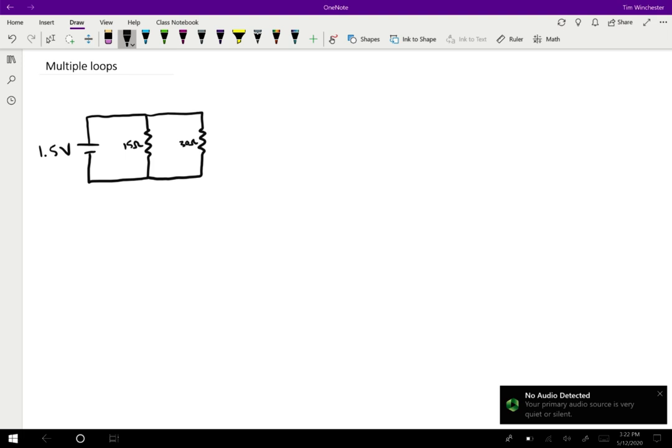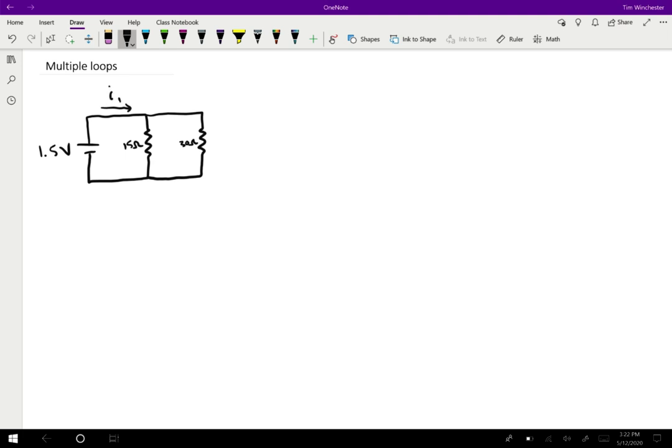Okay, so the first thing that I'm going to have to do is give names to some different currents because we have now different currents in different parts of the circuit. So there's some current that goes through here, which I'll call I1. There's some current that goes through this resistor, which I'll call I2.